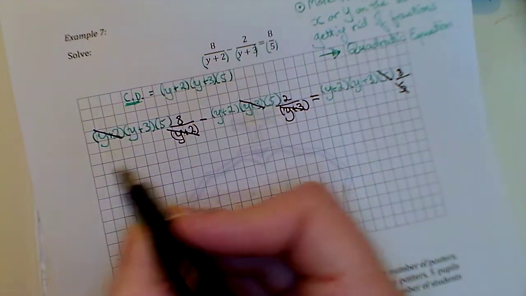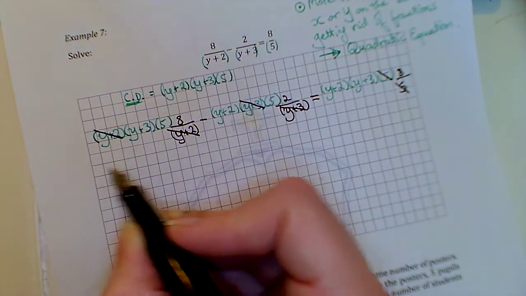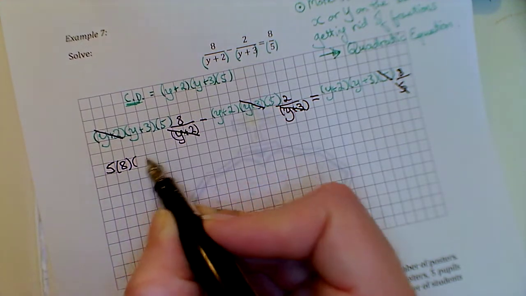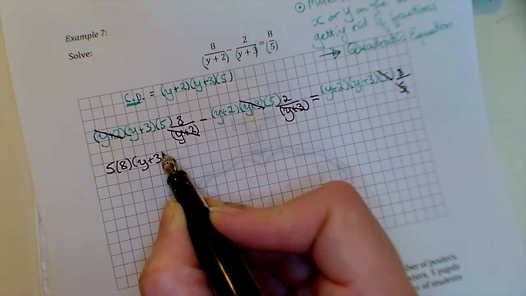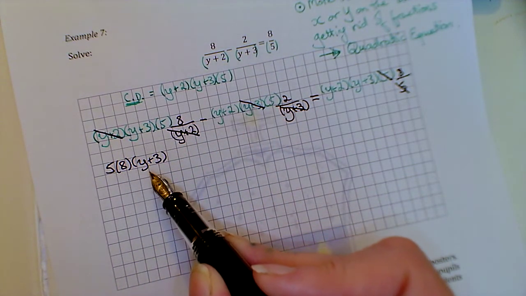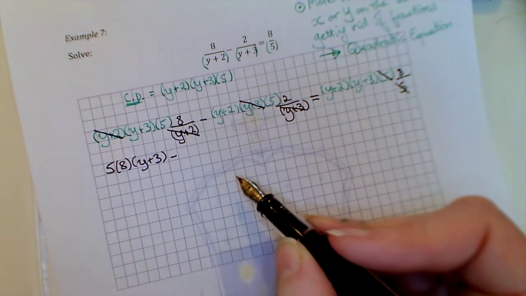So on the first one here, now I'd normally do some of the multiplication in this step, but because it's the first time, I'm just going to write it down. We're going to have 5 by 8 by y plus 3. Why did I rearrange it like that? Because it's easier to have the numbers in front of the brackets, and multiplication is commutative, so it doesn't matter what order I put them in.